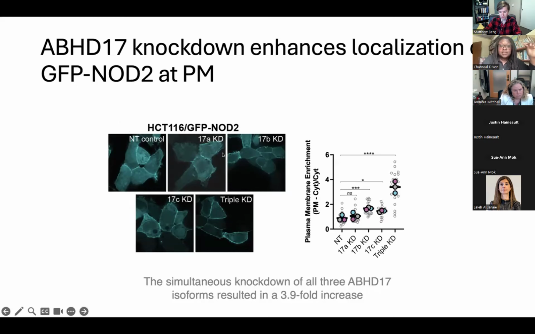The simultaneous knockdown of all three of the isoforms, however, resulted in an almost fourfold increase. And furthermore, the triple knockdown results were comparable to what we saw when we were using the selective ABHD17 inhibitor. So collectively, the results from both our overexpression experiments and the silencing experiments indicated that ABHD17B and 17C are likely the primary thioesterases responsible for NOD2 depalmitoylation in these cells.